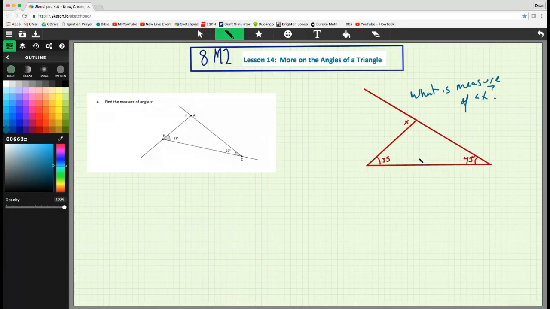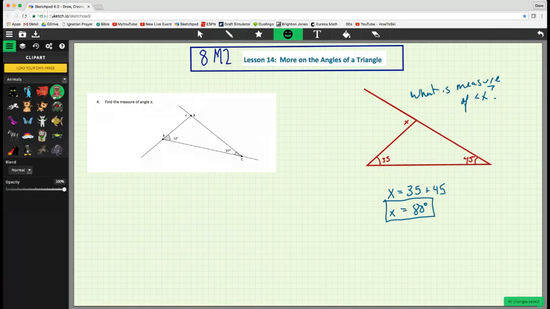Well, I can use my rule: my two remote interior angles equal the measure of my exterior angle. So angle X must equal 35 plus 45, so that must equal 80. So X must equal 80 degrees.